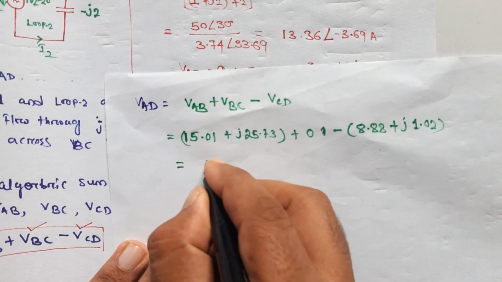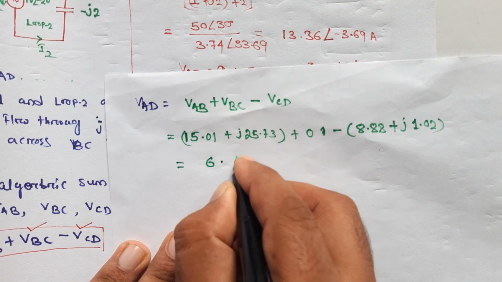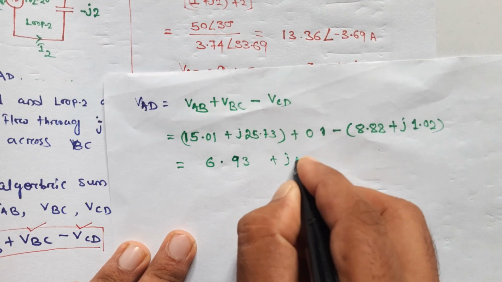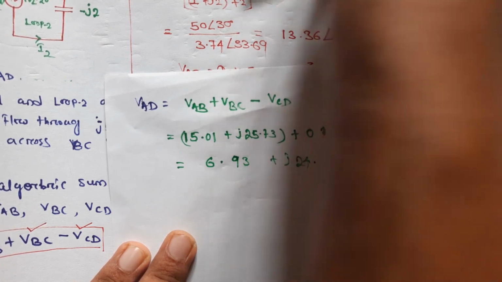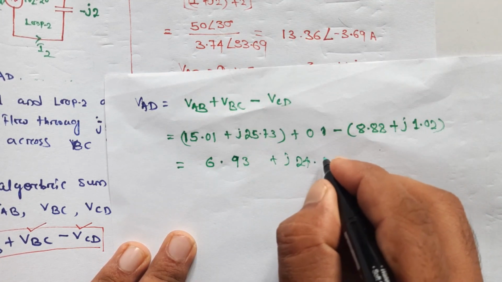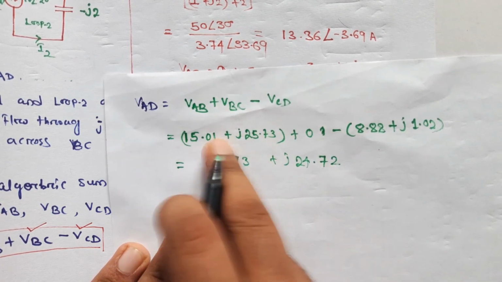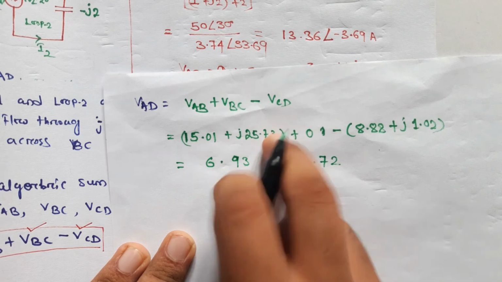Finally we get 6.93 plus j24.72. So in addition we always use rectangular form.